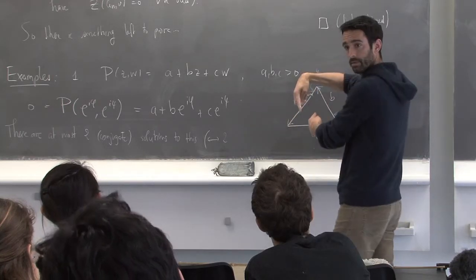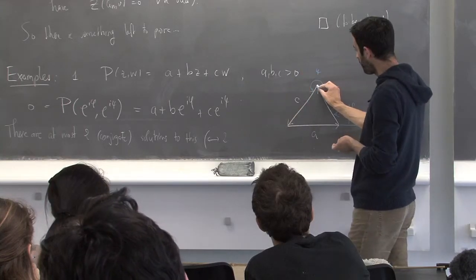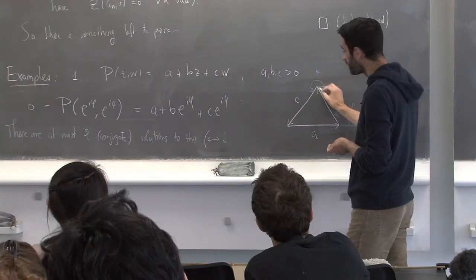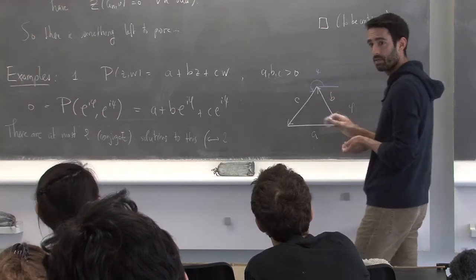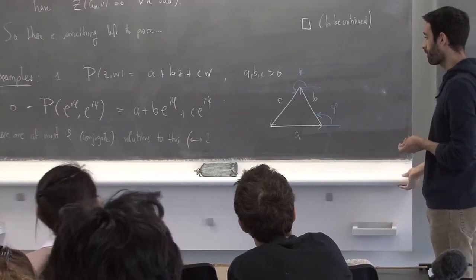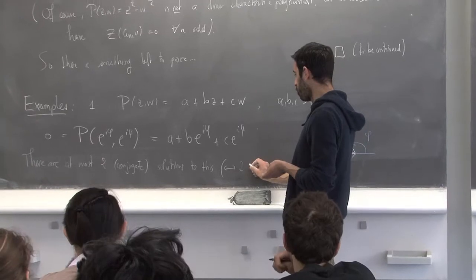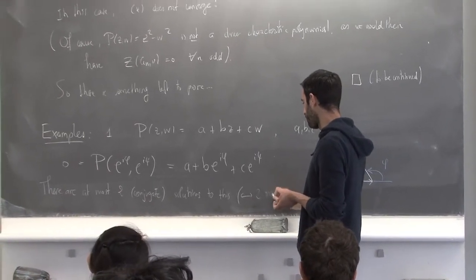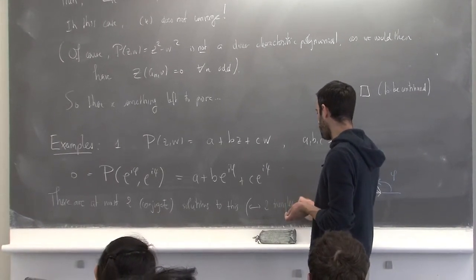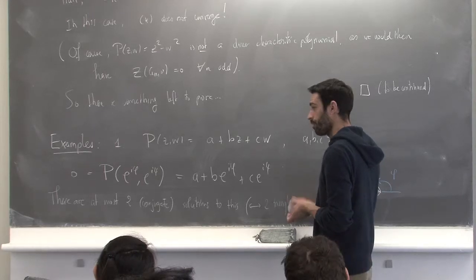So I think it's correct, right? I don't think it's correct to say that it's the defect angle here. I think it's correct this way. So this corresponds to the 2 possible triangles with sides A, B, C.